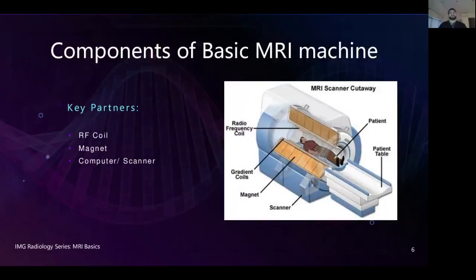So the basic components of an MRI machine. For those of you who are here, does anybody know the function of any of those three particular components of the MRI machine?